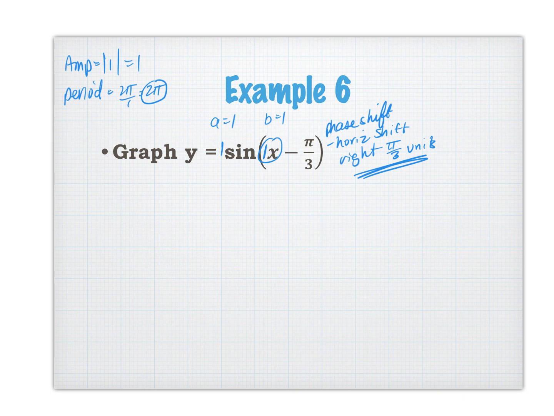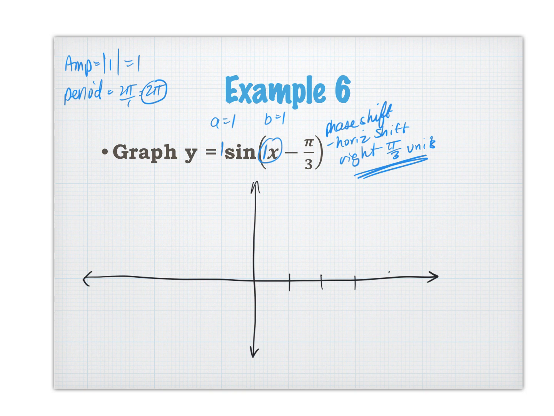Okay, so let's do like the instruction says. We're basically going to create our graph. We're going to identify our amplitude and our period, which we did. We're going to come up with our 4 quarters based on our period. Our period is 2 pi, and we know that our 4 quarters are: we start at 0, and we end at 2 pi, with pi over 2, pi, 3 pi over 2, and 2 pi.